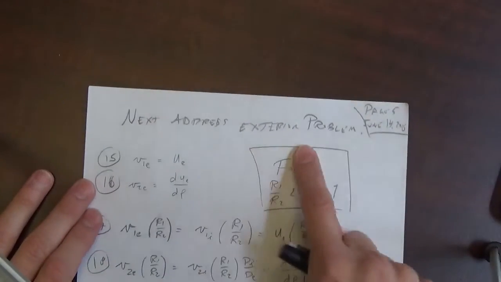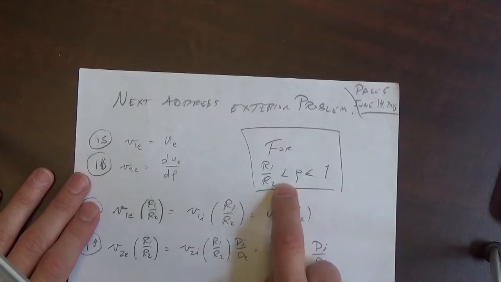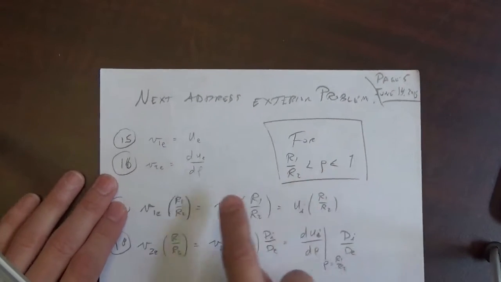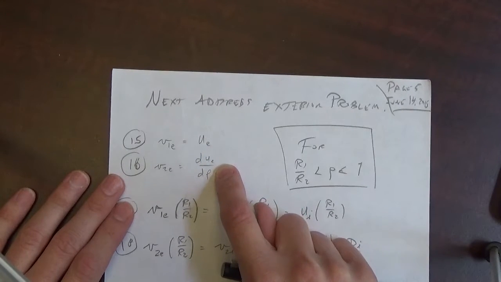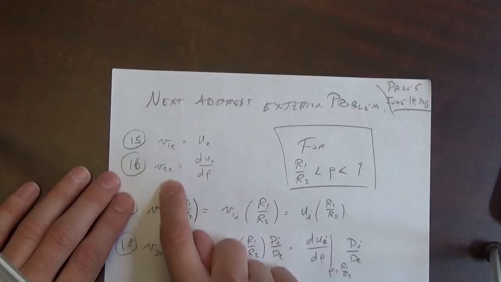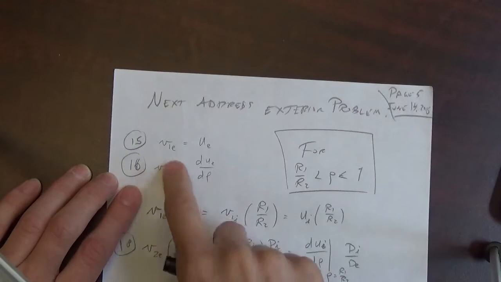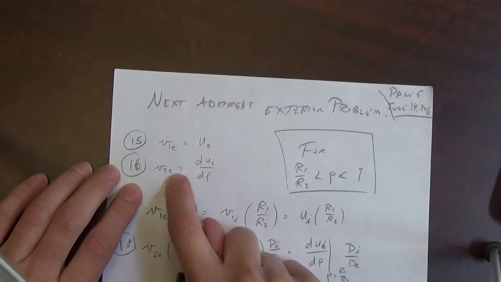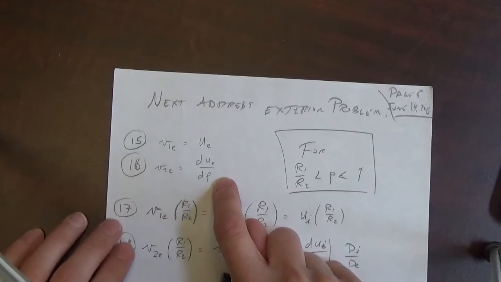So the exterior problem is now defined for rho ranging from r1 over r2 less than rho less than 1. And again, we take our u sub e ordinary differential equation and we re-express that in terms of two new variables, a v1e and a v2e, where v1e is just ue and v2e is the derivative of ue with respect to rho.